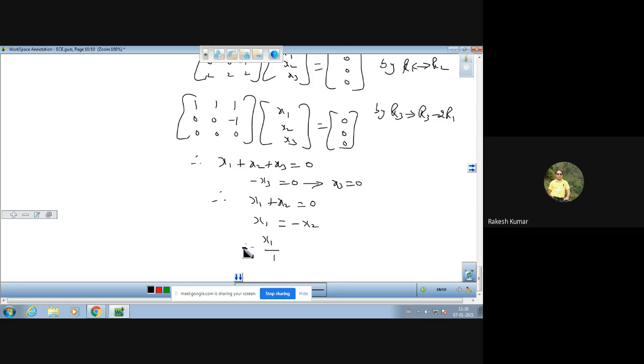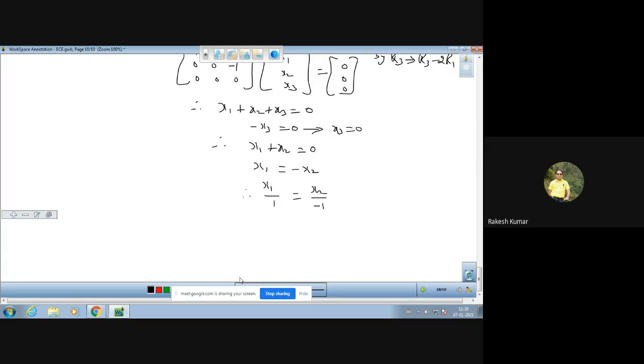So x1 over 1 and x2 over -1 is there. And therefore, what is the value of x3? X3 is proportionate to 0.